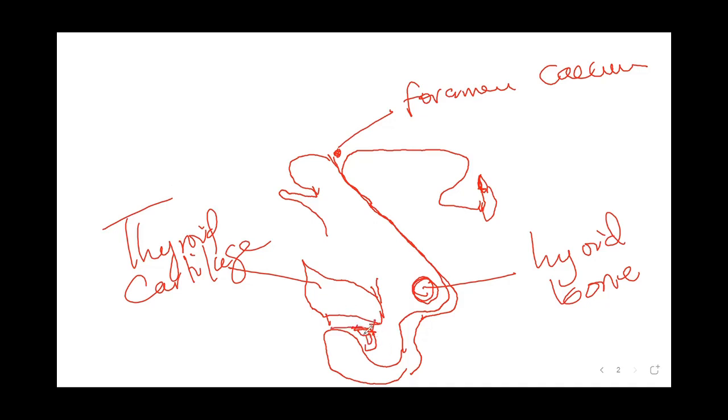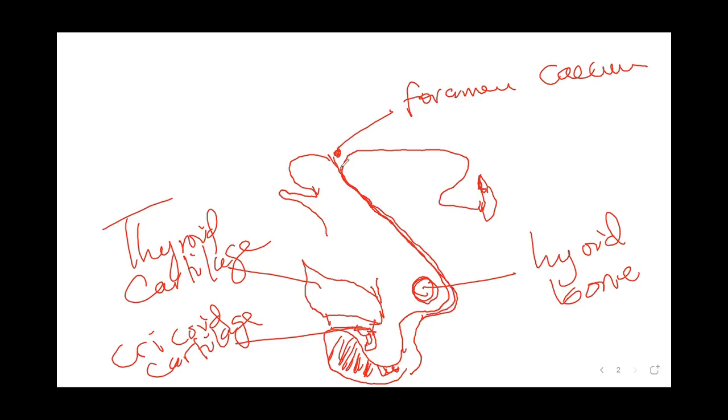Let's say this is the position of the cricoid cartilage. Then if this is the final position of the thyroid gland, you can see it descend from the foramen cecum through the thyroglossal duct and in front of the trachea.